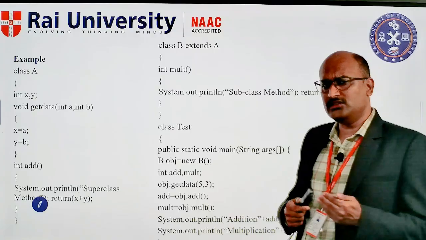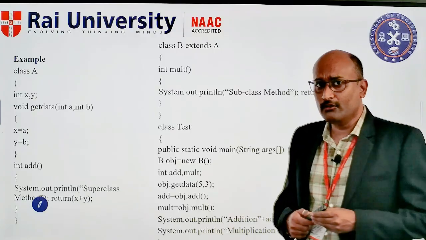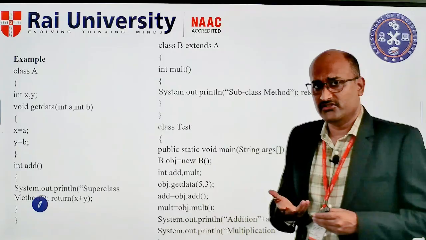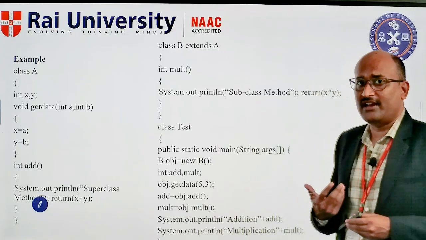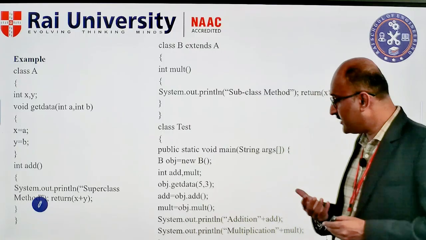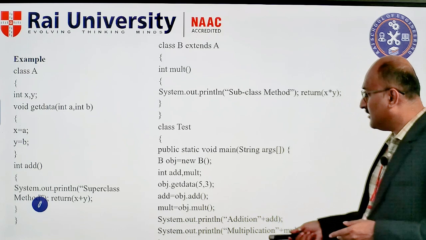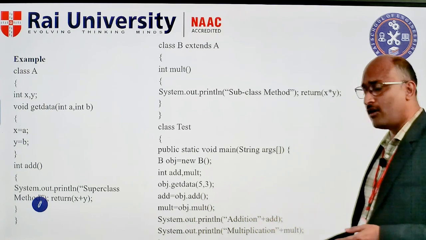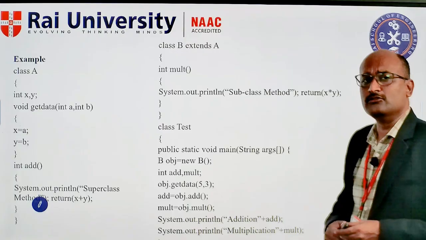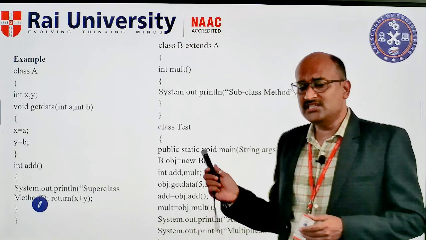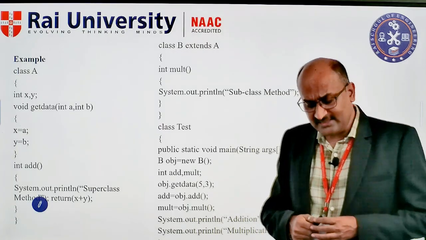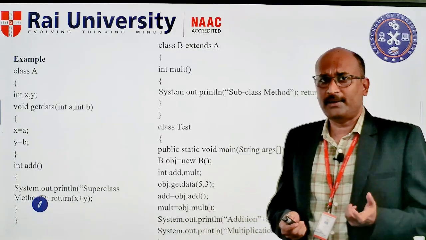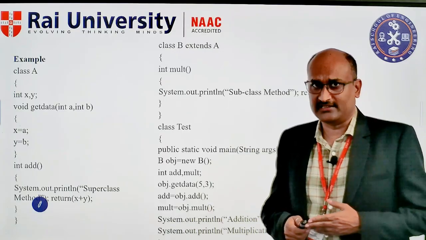So both functions can be accessed, in the parent class as well as in the child class, and return the values of addition and multiplication, and finally in the main class we will see the addition and multiplication in this program. So this is the program of single inheritance, and in single inheritance we use just one parent class and one child class.